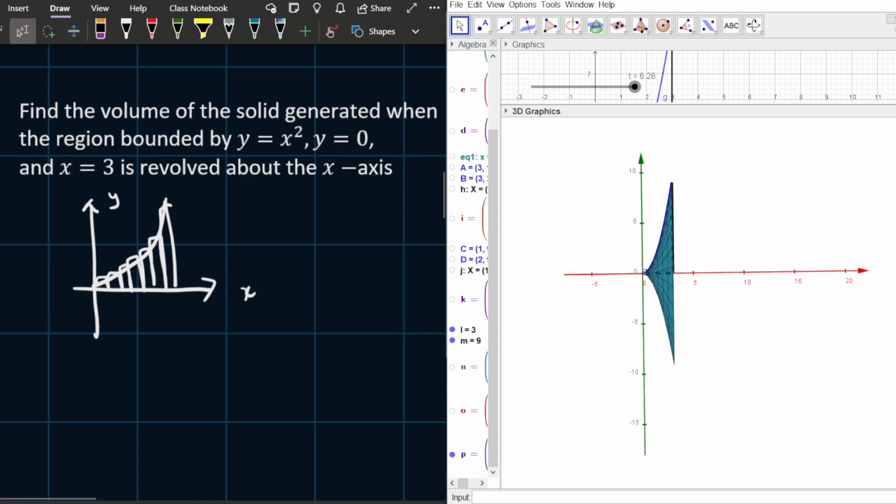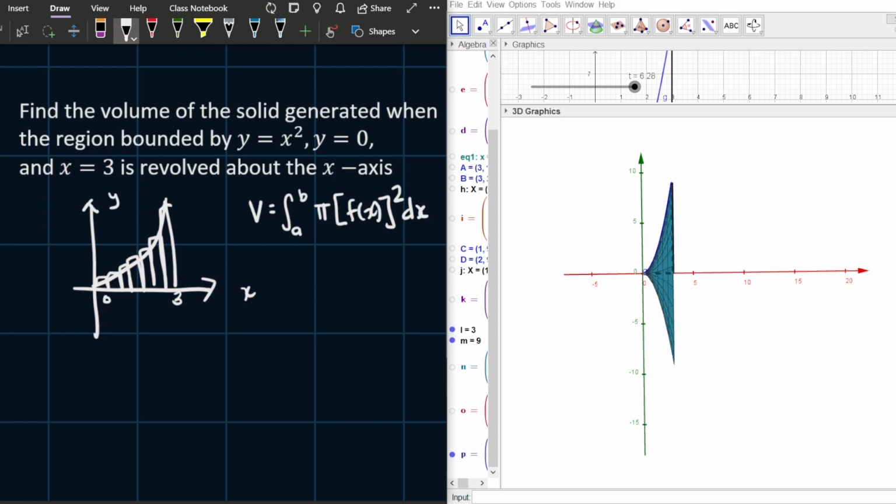Okay, so the volume will be equal to pi f of x squared dx. Since we're using vertical rectangles, yung limits of integration natin would be from 0 to 3, or yung part sa x-axis.